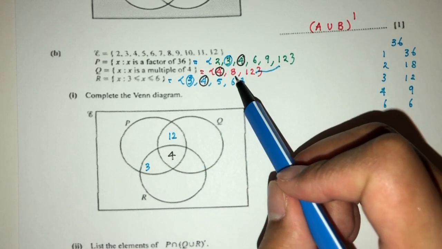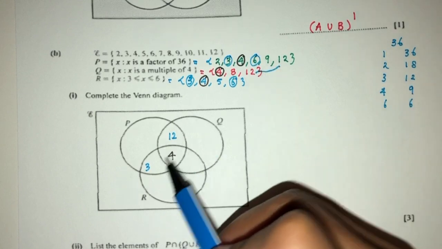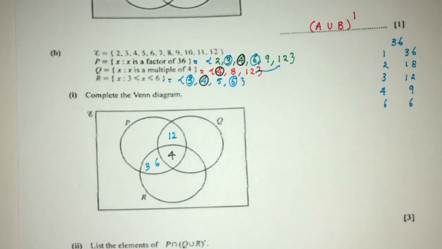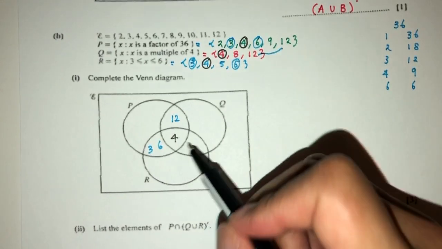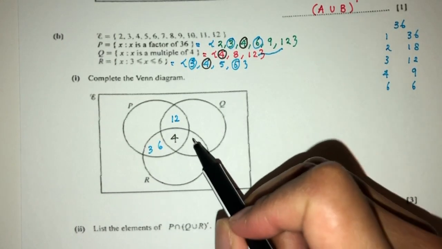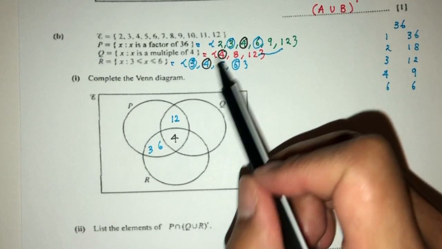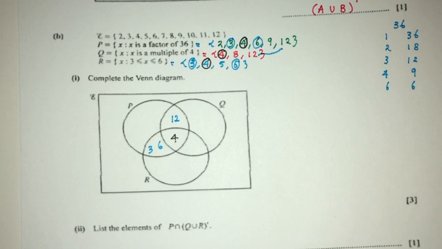And then here we have 6 and 6, that should be right here. And that should be pretty much everything. And then for the value here for RQ, this one. So RQ, so 4 is here already. So the rest, nope, we don't have anything in common. So that should be pretty much for the value here.